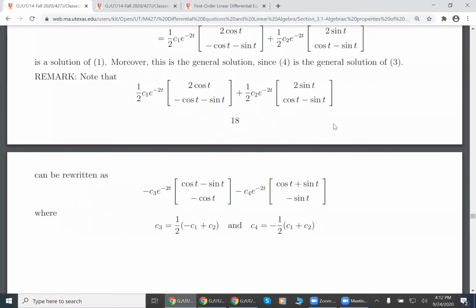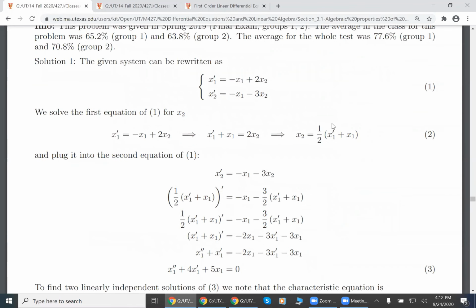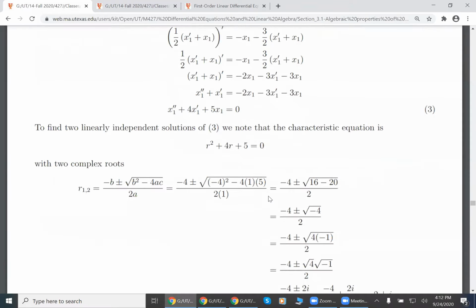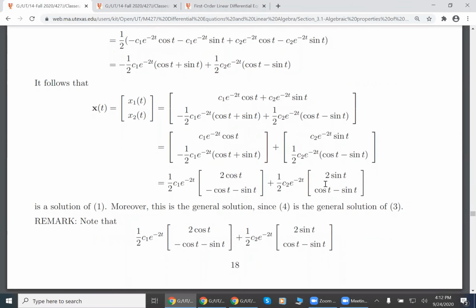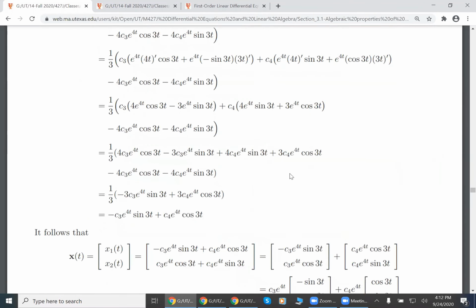You may also ask me a question. You can say, wait a second, we compare this problem with the previous one. In both problems, the corresponding characteristic equation has complex roots. Why do we have a more complicated answer in this problem than in the previous one? The answer is, in the previous problem, we managed to achieve really dramatic simplification over here.